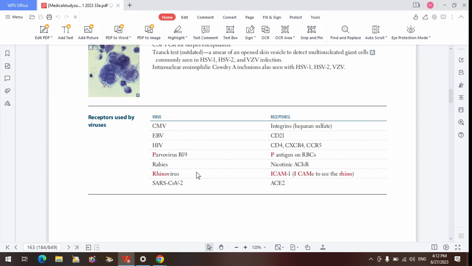You guys remember that rabies also uses axonal transport. When we were doing biochemistry, we talked about some organisms that use axonal transport. We talked about rabies, we talked about herpes, do we remember any other one? Tetanus. Yes, tetanus.